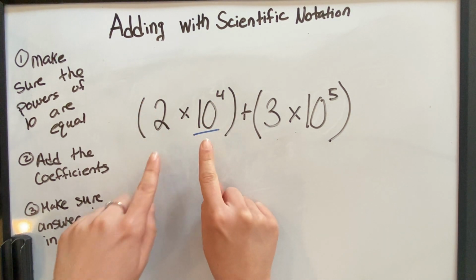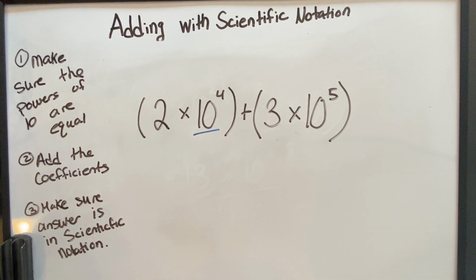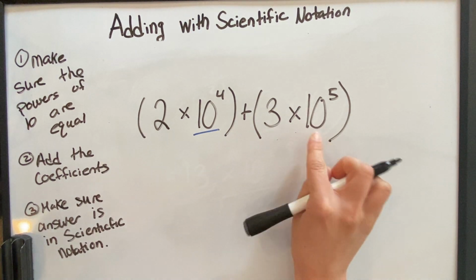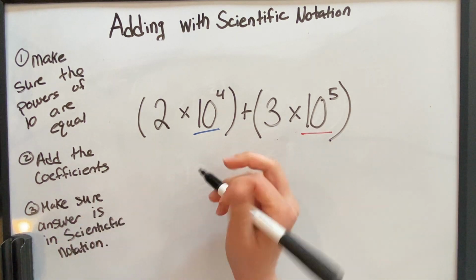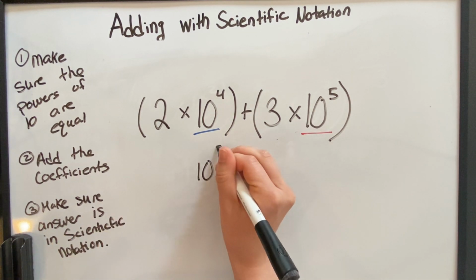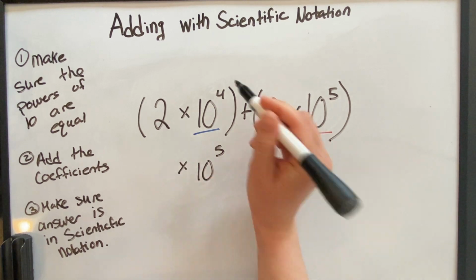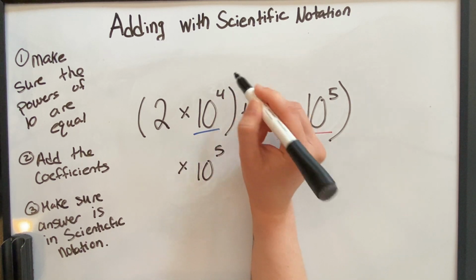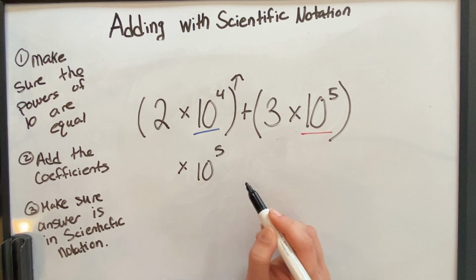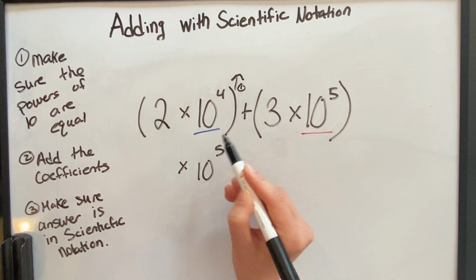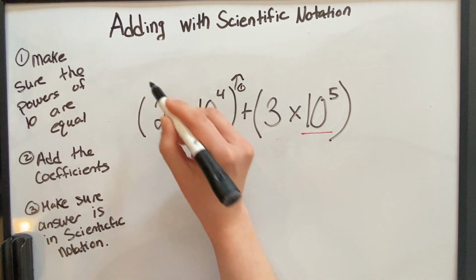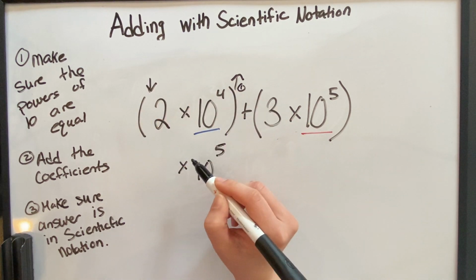So we want to convert this answer to have the same power of 10 here. So I want this answer to be 10 raised to the fifth power. So my exponent went up by 1, right? So if my exponent went up by 1, that means my coefficient must go down by 1.